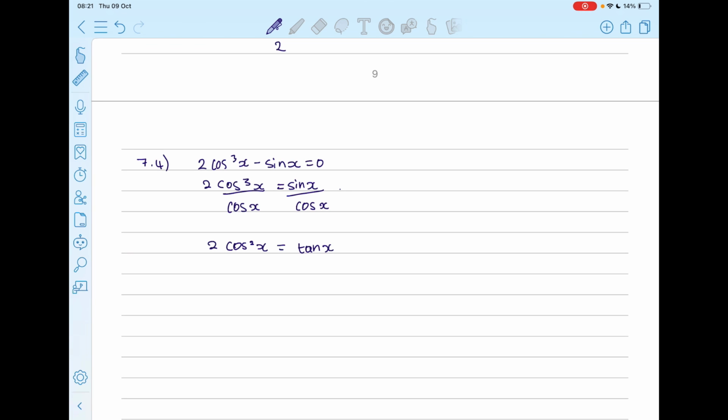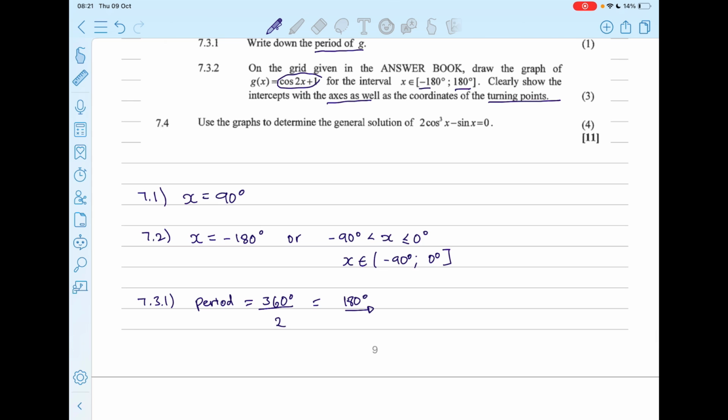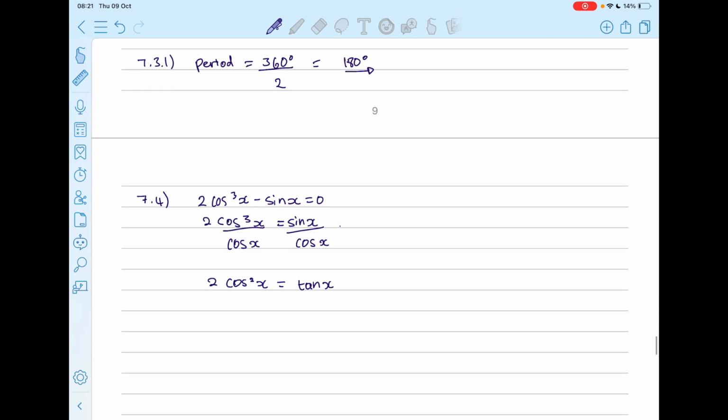Now we have 2 cos squared x, and we need to find a way to make it look like cos 2x. Cos 2x is a double angle, so we can manipulate the left hand side such that it looks like the double angle identity. All that's missing is the negative 1, so we subtract 1 from both sides.